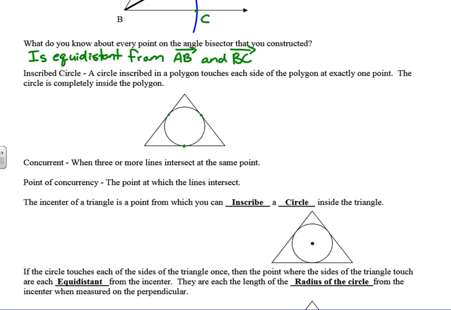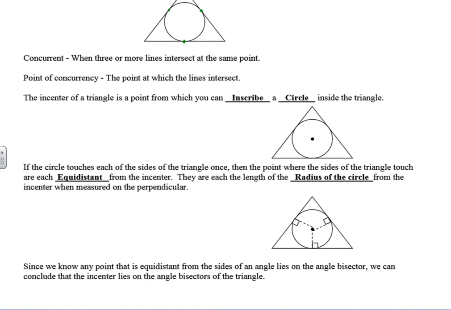It's the point where they meet, called concurrency, where the three lines meet together. All right, we'll finish the rest of that in our next lesson. But today, that's the idea.